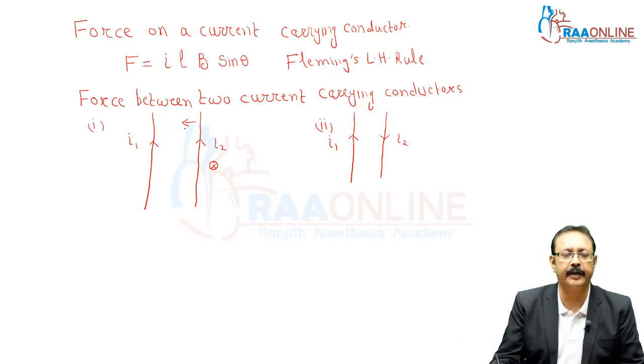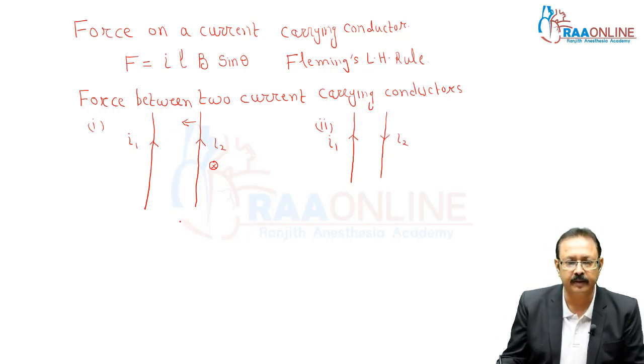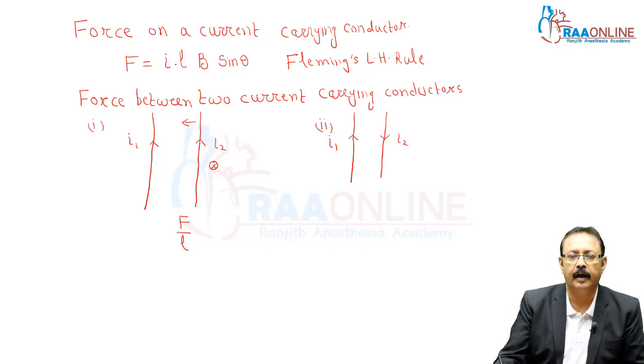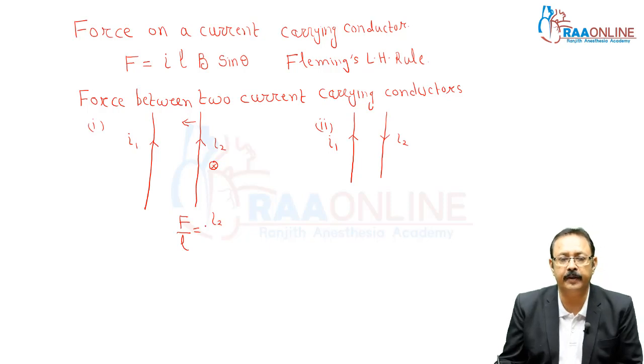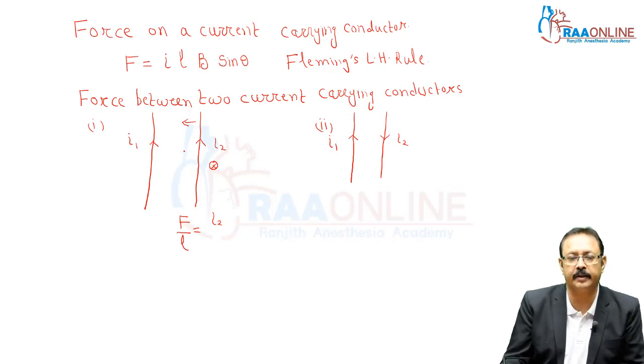What should be the magnitude of this force? If I am calculating force per unit length, force per unit length is I into B. Theta is 90, so only I into B. I is I2. What is B? B is the magnetic field due to this conductor.